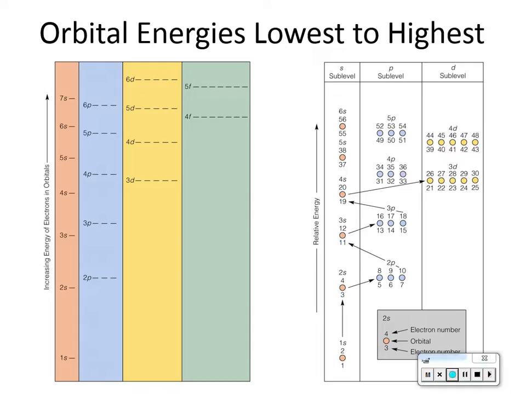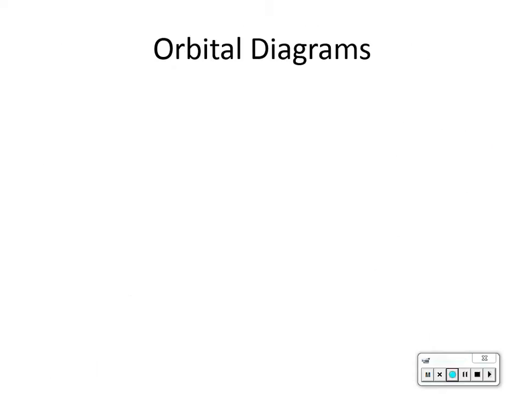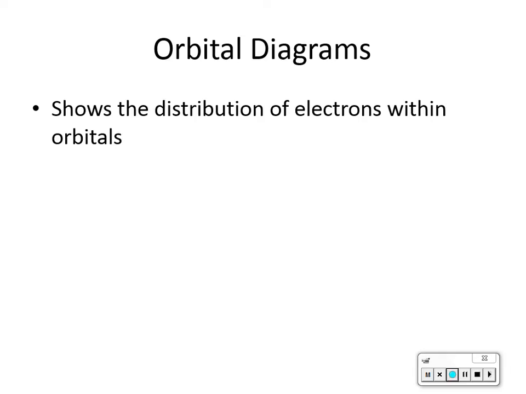Okay? So, we're going to use this over the next couple days to draw a simplified version of that really complex picture we've been drawing over the past couple days. A simplified version of that picture is called an orbital diagram. Okay? An orbital diagram shows the distribution of electrons within orbitals.